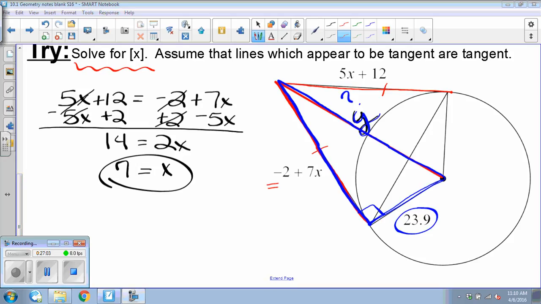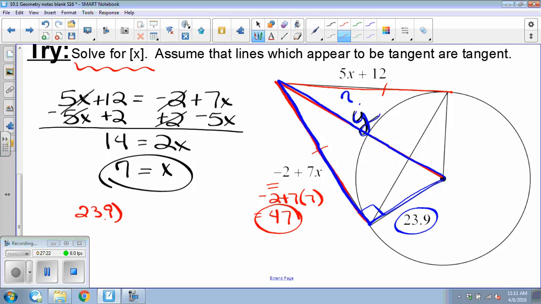Okay, so this one is 23.9. This is -2 plus 7 times 7, which is 47. So we have 23.9 squared plus 47 squared equals y squared.